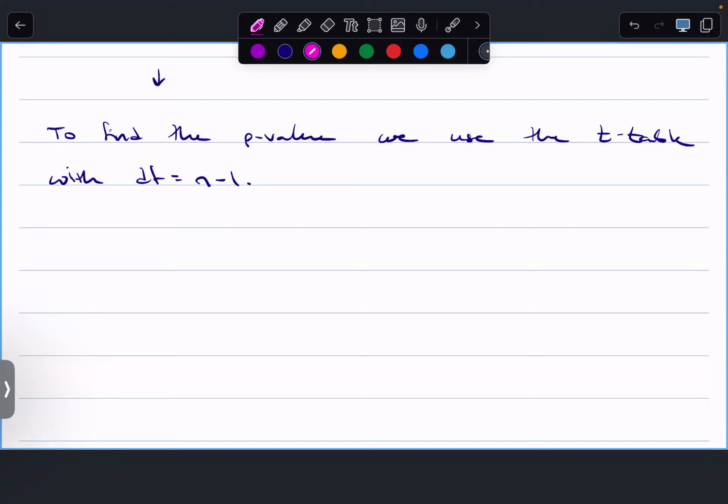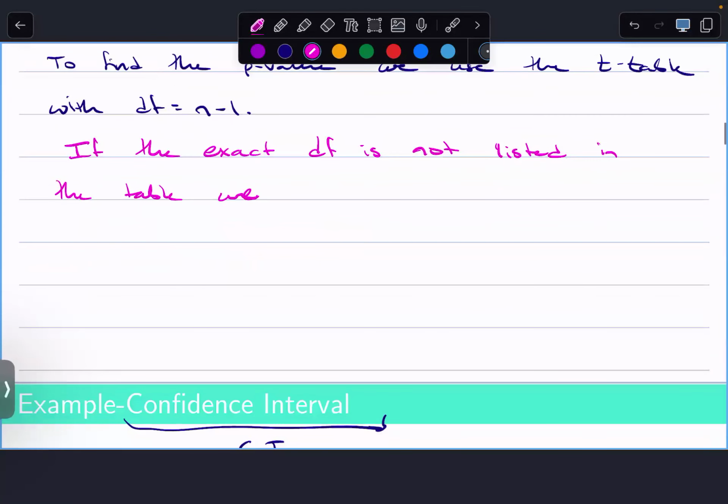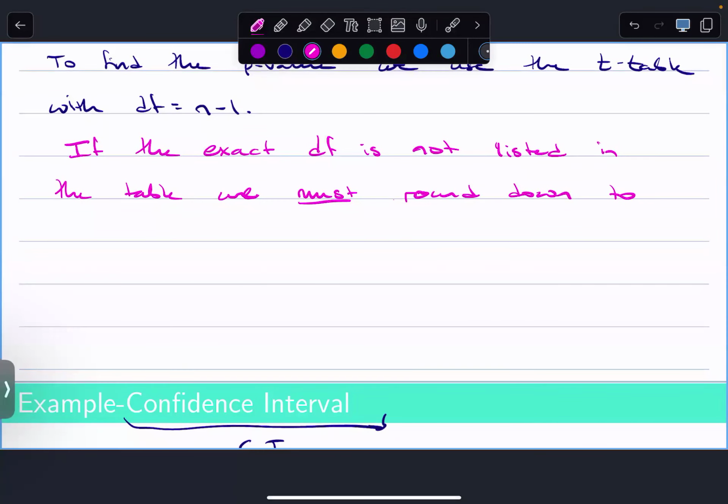And so if the exact degrees of freedom is not listed in the table, we must round down to the nearest degrees of freedom.